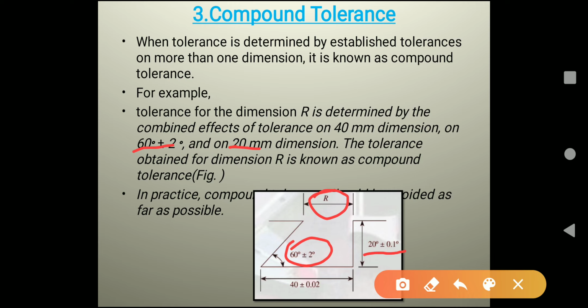And here the base length is also tolerated up to 40.02 mm and 39.98 mm, that is plus minus 0.02 mm. As per these dimensions, the exact dimension or tolerance of R is set. In practice, compound tolerance should be avoided as far as possible.